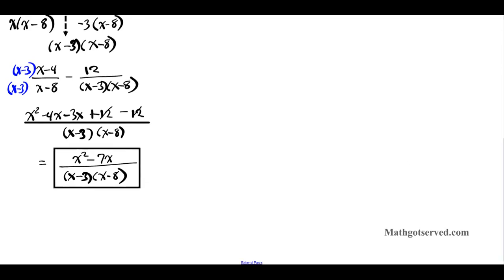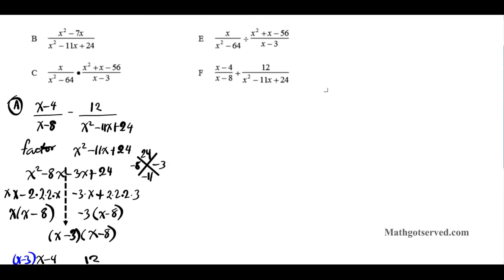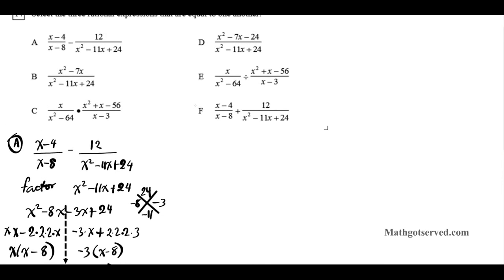All right, let's shift our attention to the B. For the B, we have x squared minus 7x divided by x squared minus 11x plus 24.